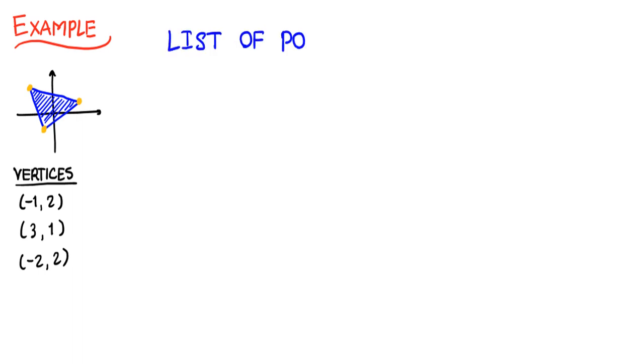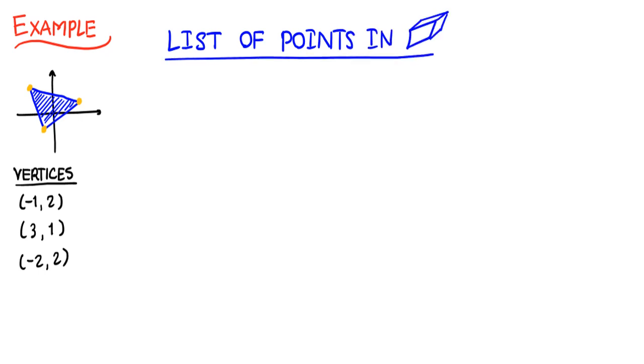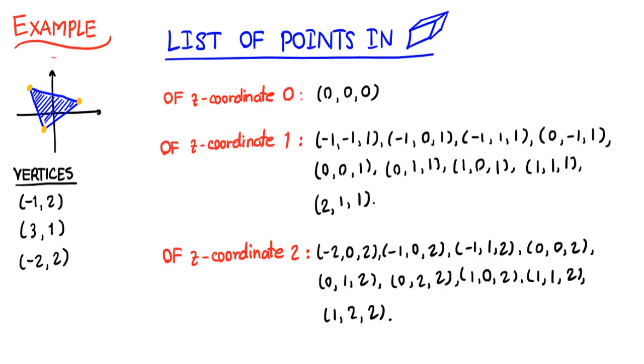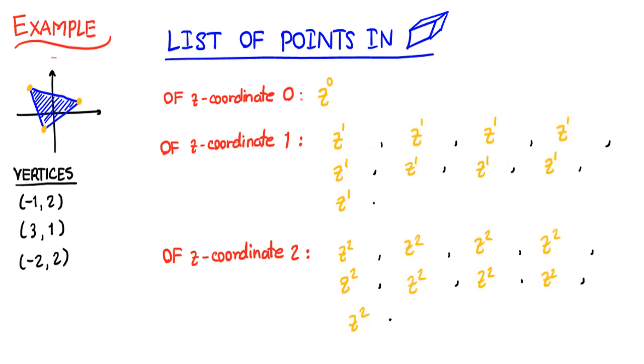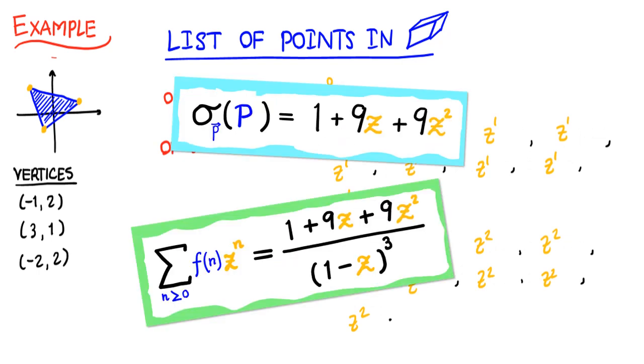Well, we first need to know the lattice points in our corresponding parallelepiped, which in this case turn out to be these guys. And upon substituting p1 and p2 to be 1 and p3 to be z, we get this. And there we go. We have our generating function for f of n.